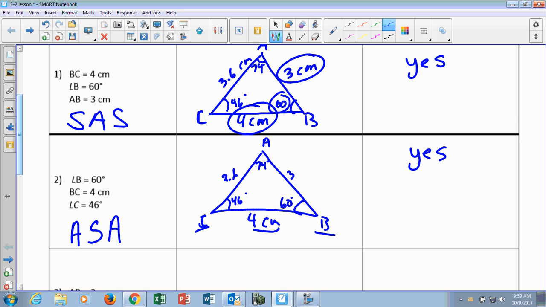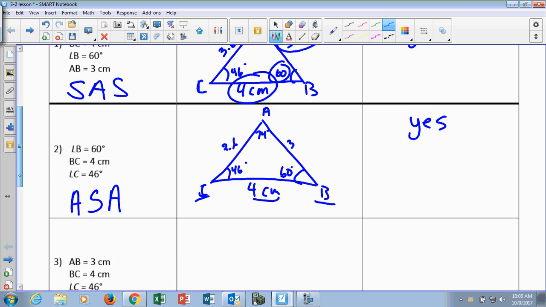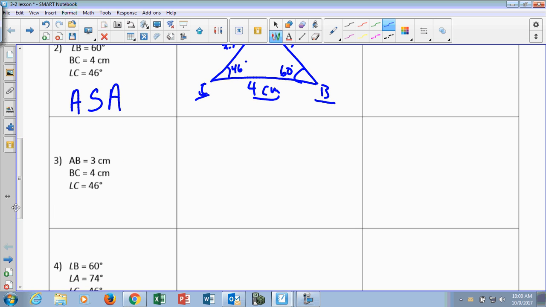How many groups got to number 3? Okay, about half. Number 3 says this. One side was 3 centimeters, AB, and BC was 4 centimeters.